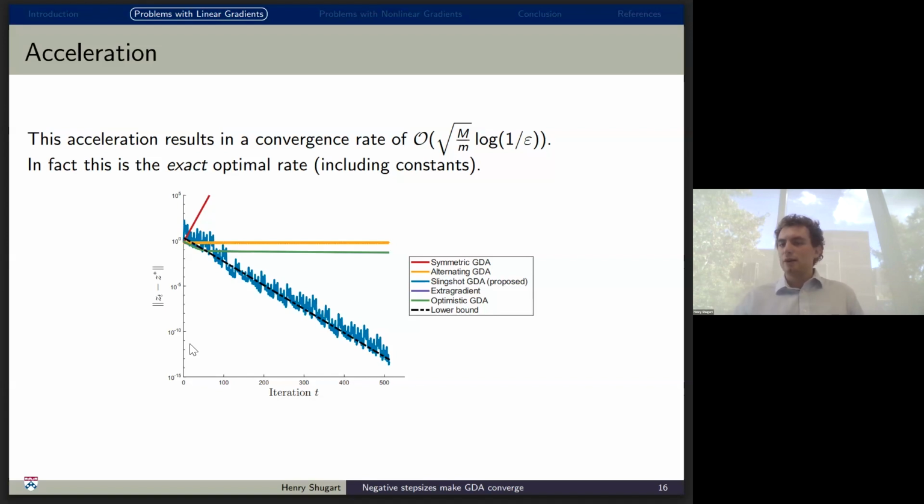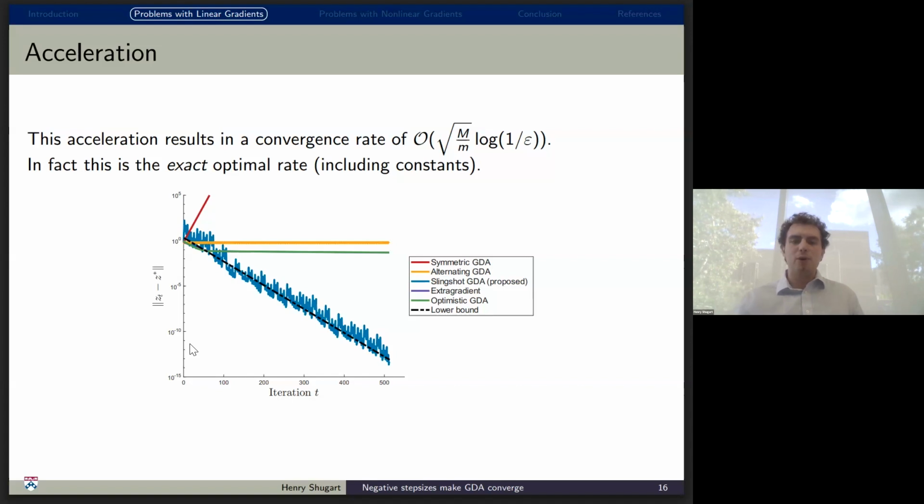Perhaps more interesting, we recover the exactly optimal rate among all first order methods on the bilinear problem using only gradient descent ascent. And what's interesting to note here is that without using any of the extra tricks like extra gradients or optimism, we can recover the exactly optimal rate, and therefore kind of trivially, we can recover the exactly optimal rate using any of these tricks as well.